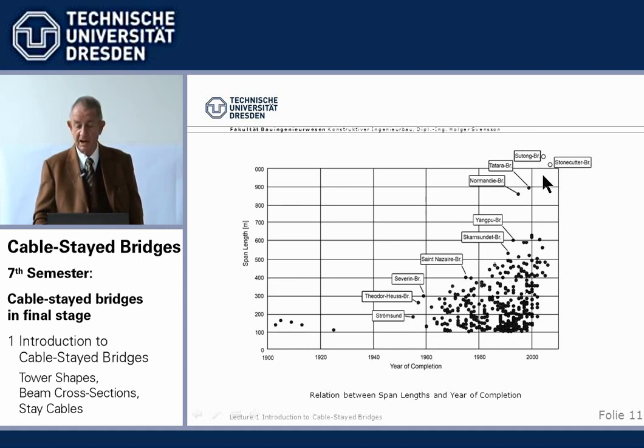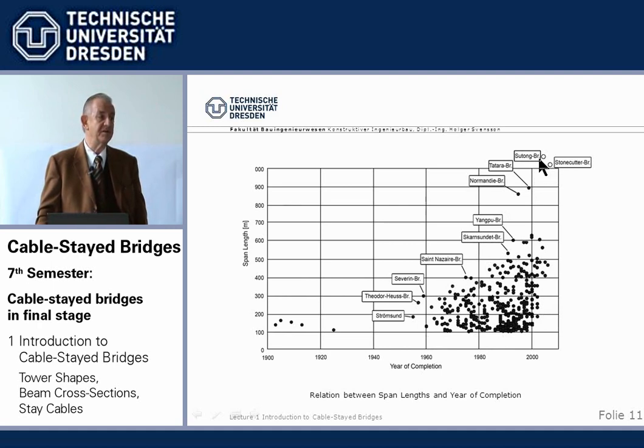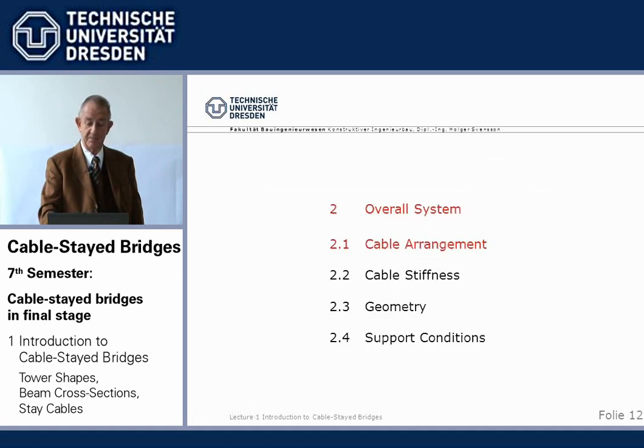But we are now up with Sutong and Stonecutter well beyond 1,000 meters. All those bridges will be shown in detail during the run of the next year. So you see, it's like an explosion from the 70s, how this bridge system developed in main span length and in numbers.